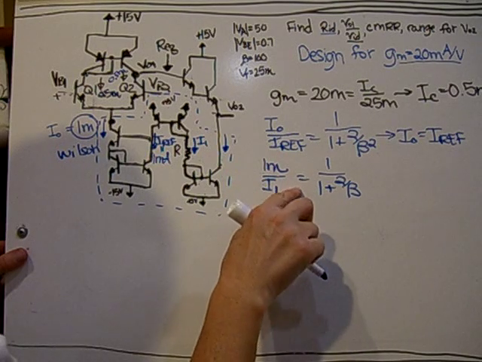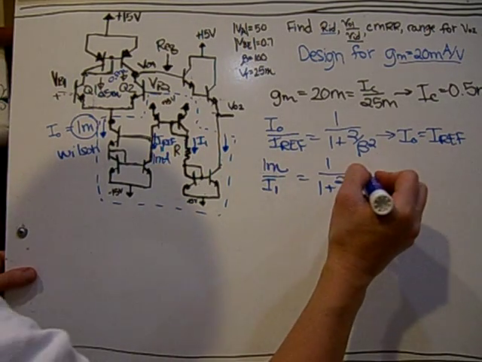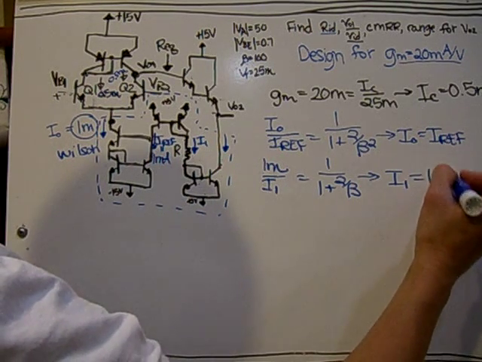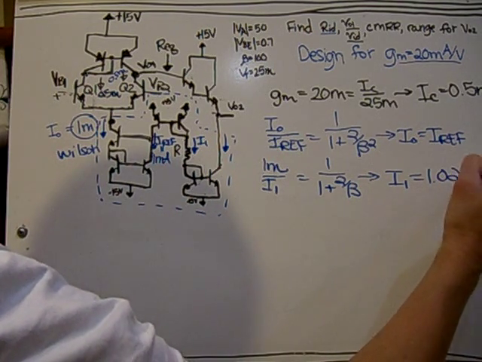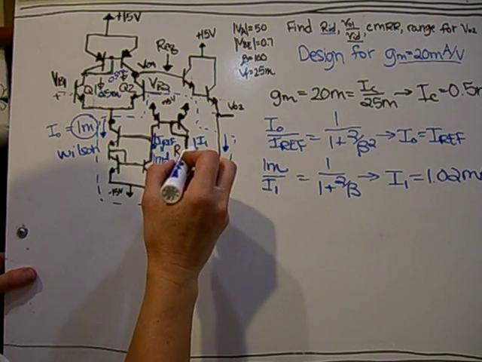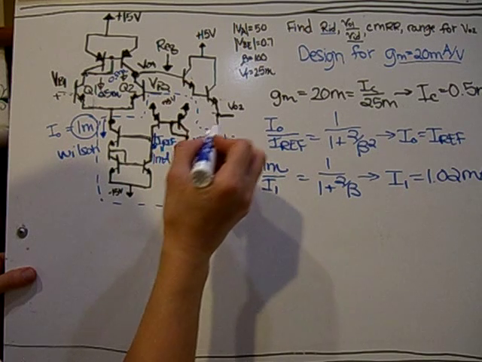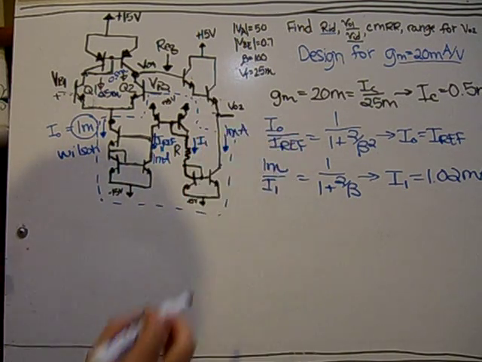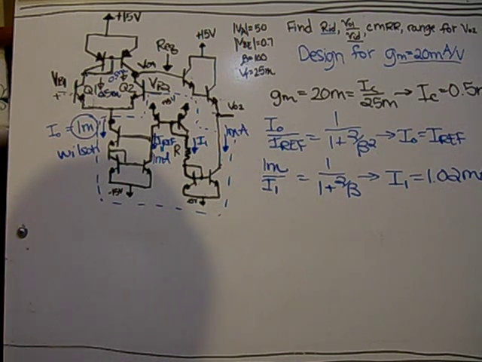So the relationship between the 1 milli and I1. Solving this for I1 gives 1.02 milliamps. So it's still pretty close to 1. Since this is the same reflection over here, this is also going to be 1 milliamp. So now I know all of my currents.